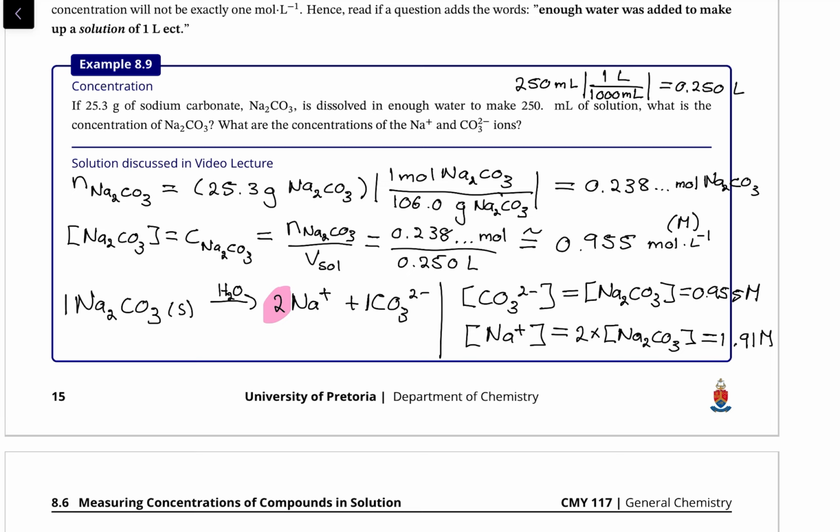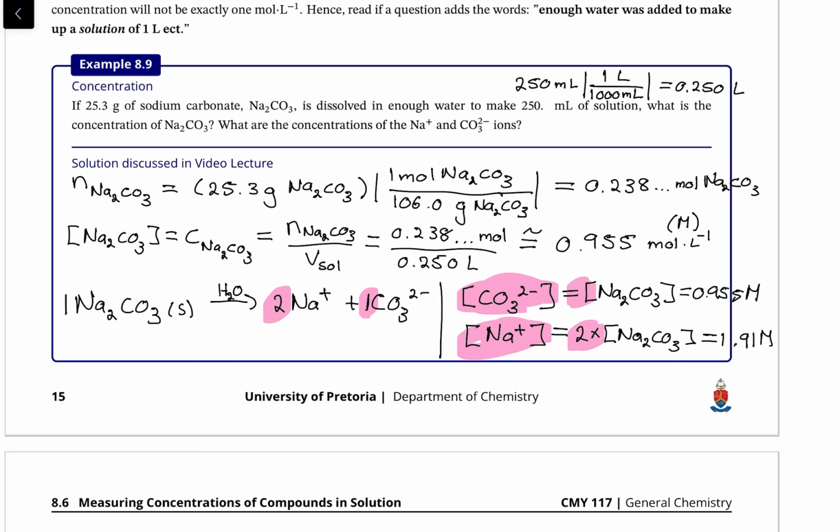So this is 1 to 2, meaning these numbers can't physically be equal. Maybe that helps you understand it a bit better.